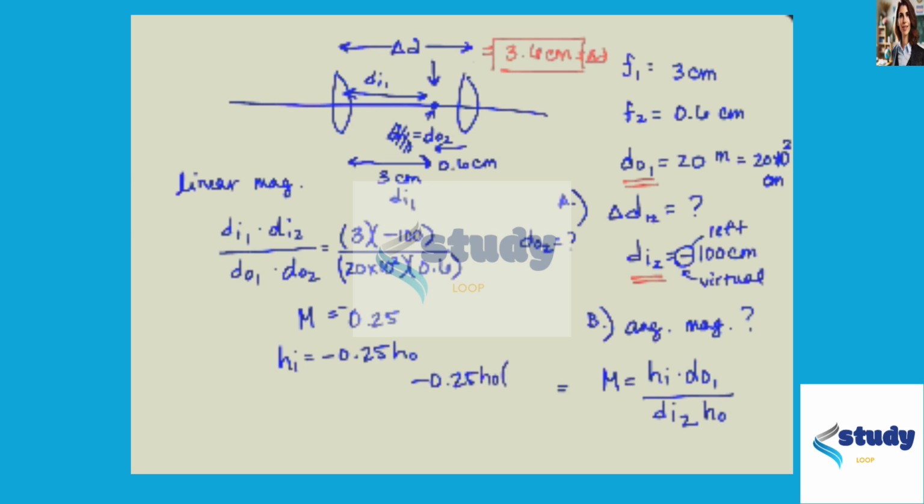That helps us because these HOs are eventually going to cancel out. And I get an angular magnification of 5.